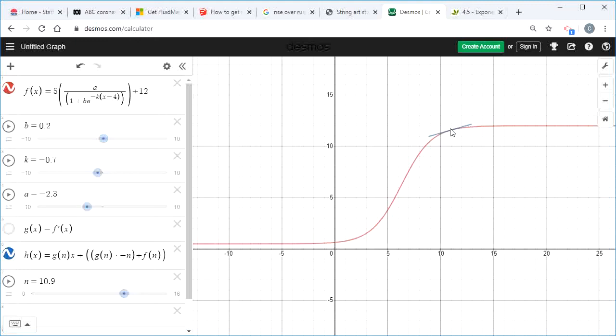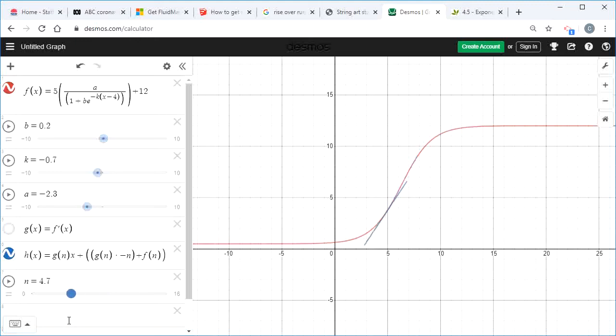Think of the tangent a bit like a skier on a slope. As you move down the slope, you can see the skier change how steep those skis are. And so if you move from one day to the next, you can see the rate of change, the gradient, changing as we move.